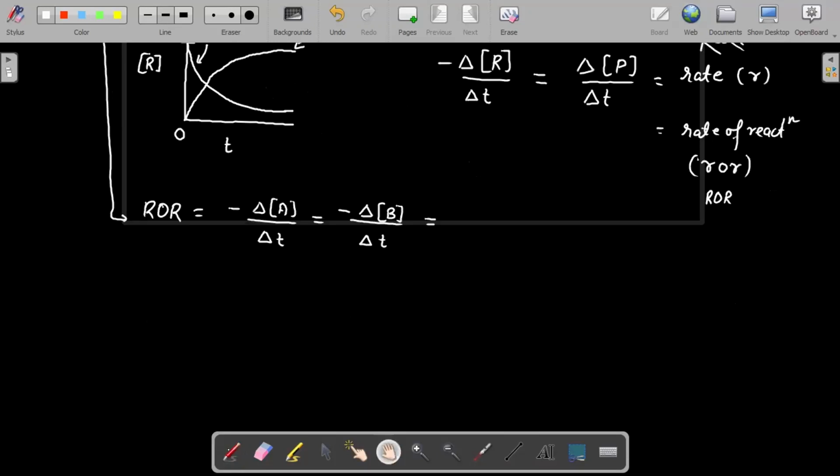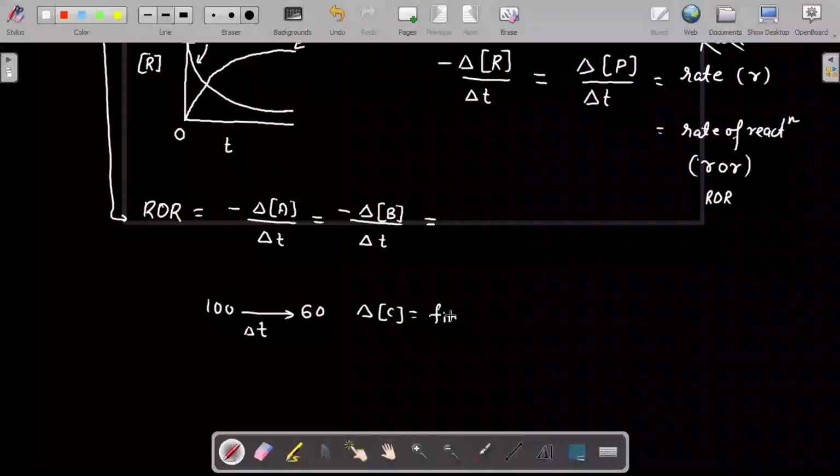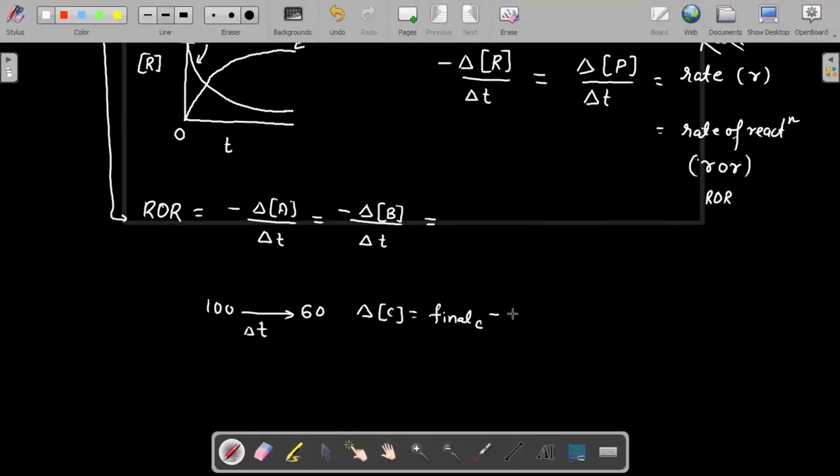Let us say the initial concentration was, say, 100, and now after some time t, that is delta t, the change in time, the concentration is now, say, 60. So what is the change in the concentration? The change in the concentration is always the final concentration minus the initial concentration.